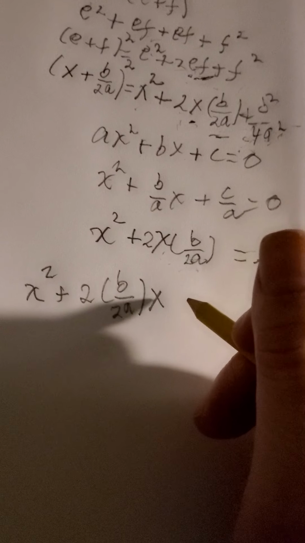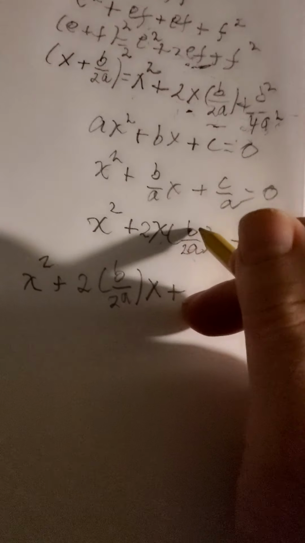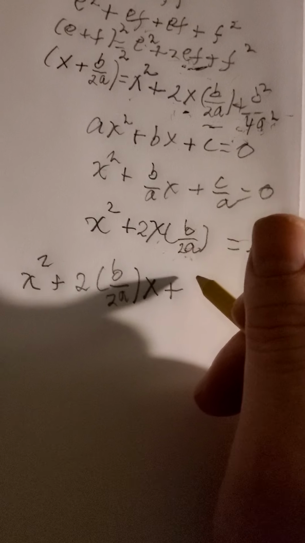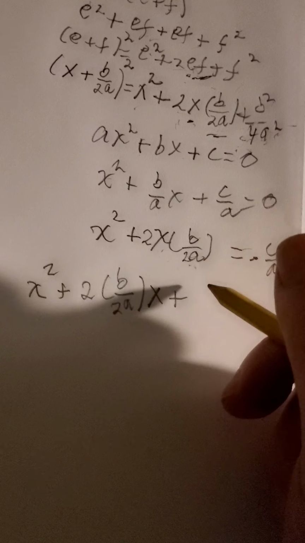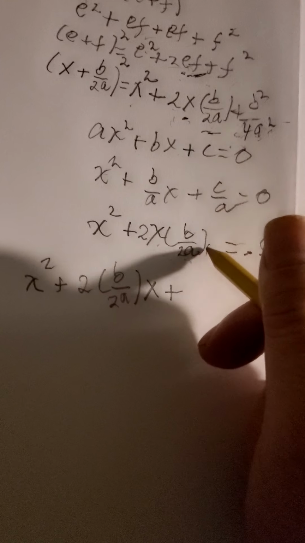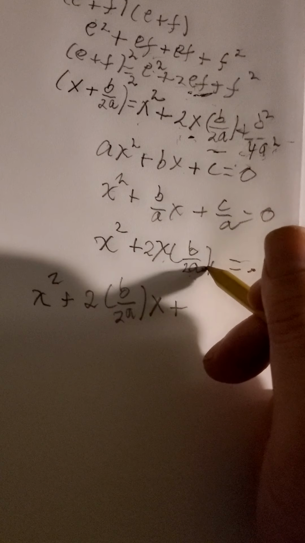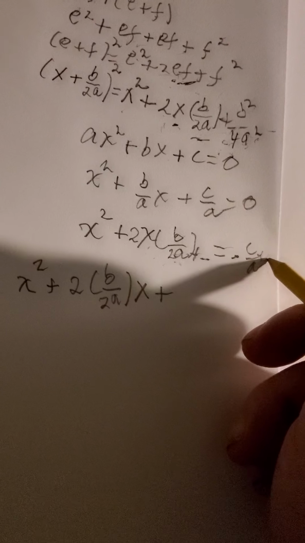So I'm going to have plus, I'm going to add this squared to both sides, because whatever you add to one side you have to add to the other side, right?